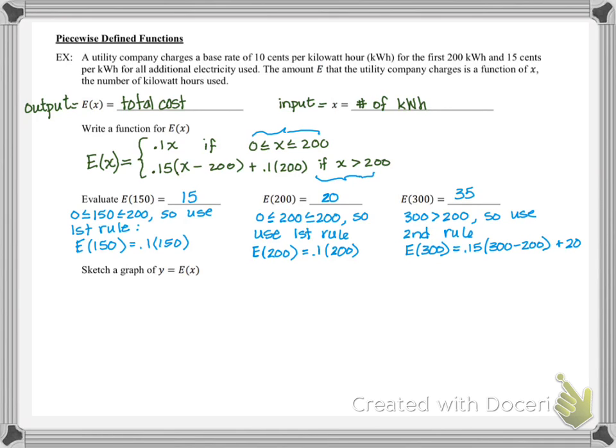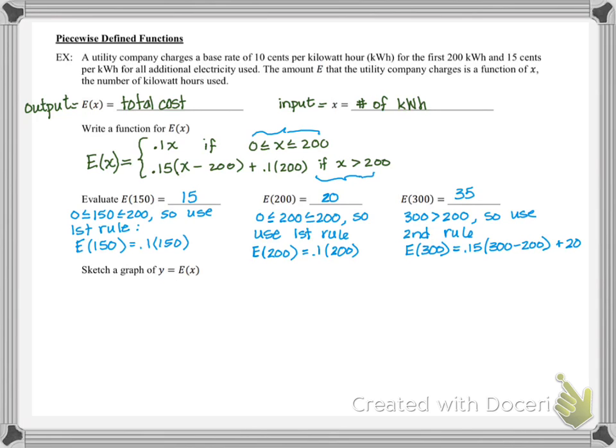So that's how we evaluate piecewise defined functions. If we're given the function and we want to evaluate f of 10 or whatever, we look first at the right side and figure out which one of the regions it falls in, and then use the corresponding formula. Again, you will never plug a number into both pieces of a piecewise function.